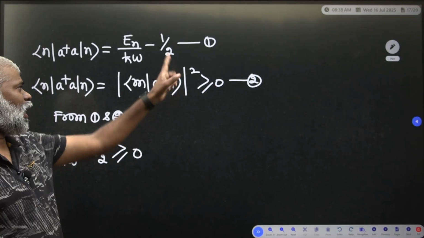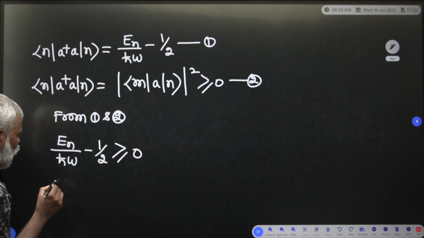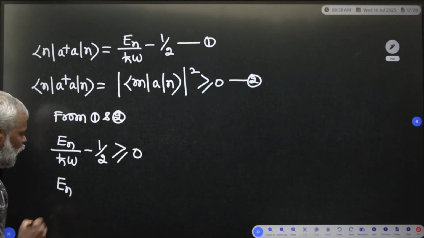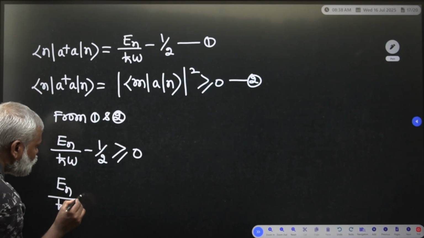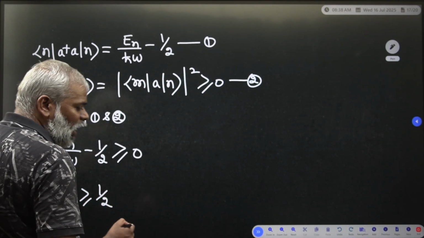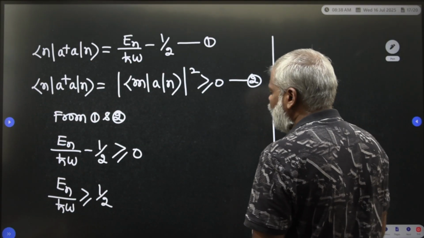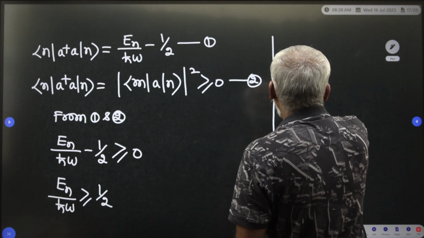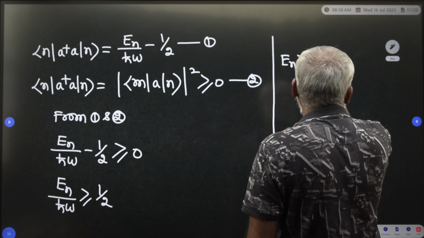If this is greater than or equal to 0, you have to rearrange: En divided by h cut omega is greater than or equal to 1 by 2. Therefore En is greater than or equal to h cut omega divided by 2.